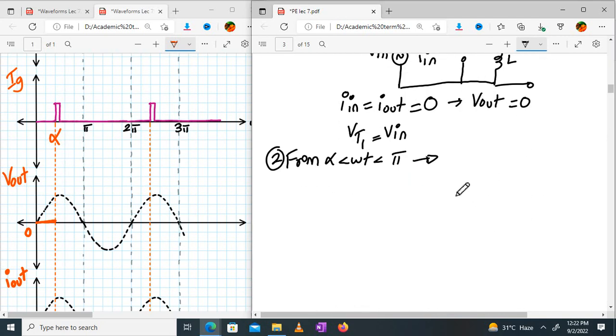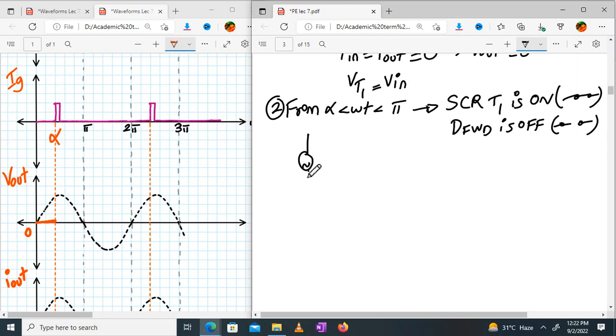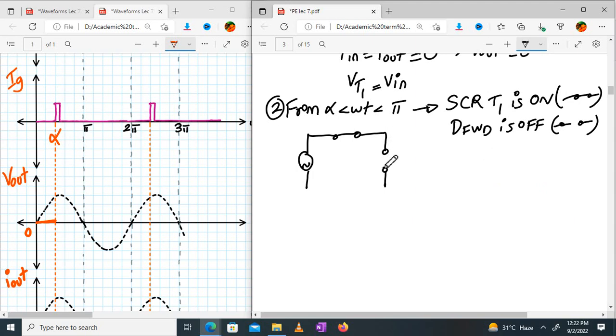So here what I can write? My SCR T1 is on, so it will be replaced by a short circuit. But the freewheeling diode is off. Okay? So if I redraw the circuit, it will look something like this. Please keep on writing along and draw the waveforms.